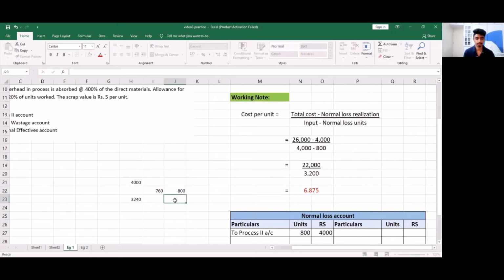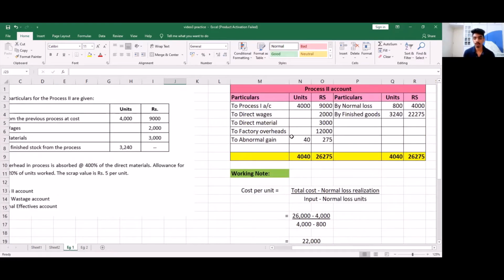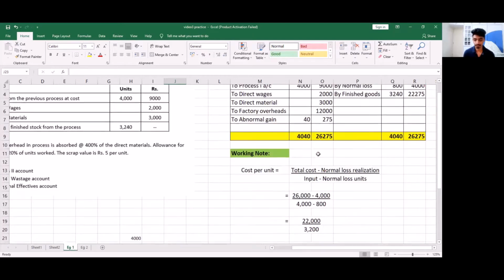So this difference, 760 and 800, is the abnormal gain. Abnormal gain is nothing but the difference between the estimated loss and the actual loss. We estimated a loss of 800, but there has been a loss of only 760, which gives us a gain of 40 units.